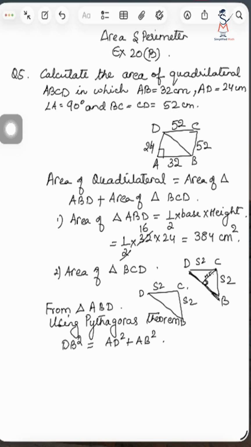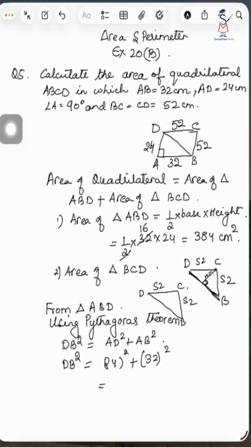Now what we will do? We will try to find DB square. So DB square will be AD square plus AB square. What is AD? AD is 24. And what is AB? AB is 32.